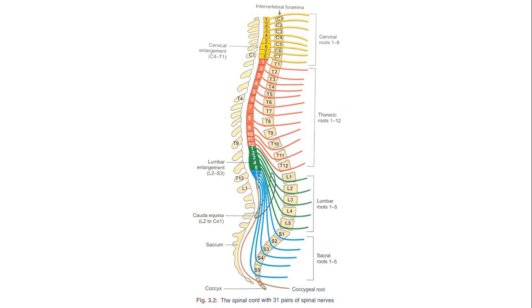You can see here the vertebral column extends from the first cervical vertebra to the coccyx, but the spinal cord extends from the upper border of C1 to the lower border of L1. So this means that spinal segments are shorter than the vertebral segments and they are crowded also.